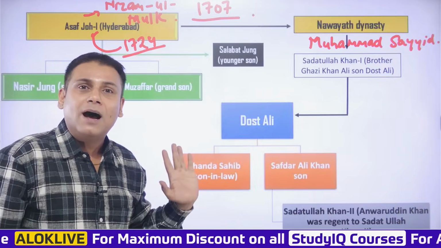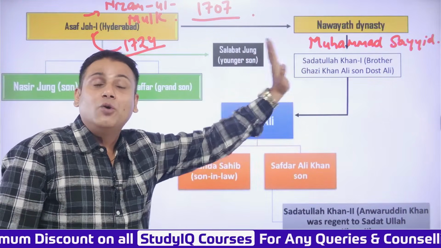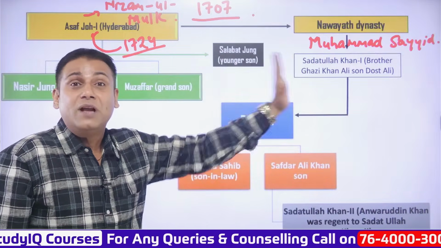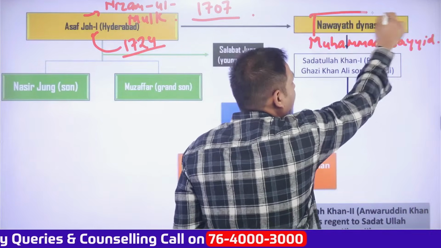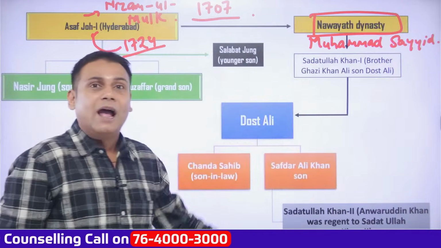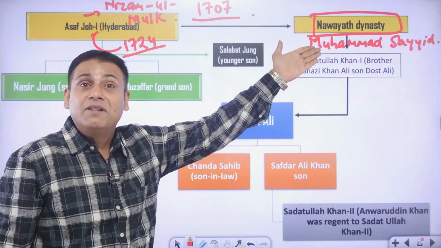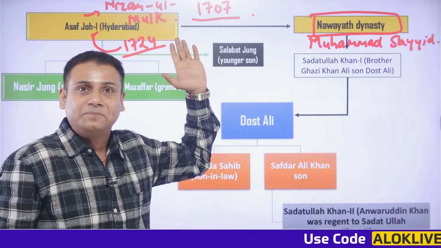After some time, Asaf Jah said, you govern this region in an independent manner, but you will directly report to me. A new dynasty was formed in the region of Carnatic, referred to as the Navayath dynasty, and its founder was Muhammad Sayyid, who was given the title Sadat Ullah Khan by Asaf Jah.